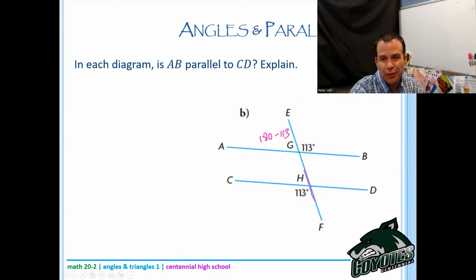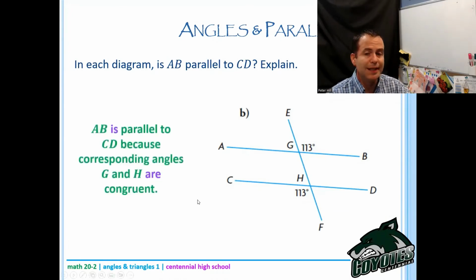So H and 113 have to add up to 180. So I know that H is also 180 minus 113. That tells me G and H are equal to each other, which means these lines are parallel because corresponding angles are equal to each other. So AB is parallel to CD because angles G and H are congruent. They're equal to each other.